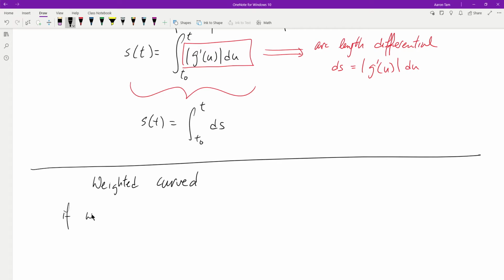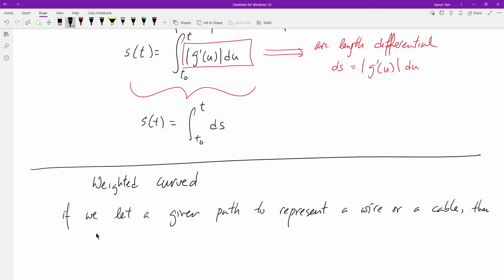So if we let a given path or curve represent, let's say, a wire or a cable, then we can find its mass if we know its density.